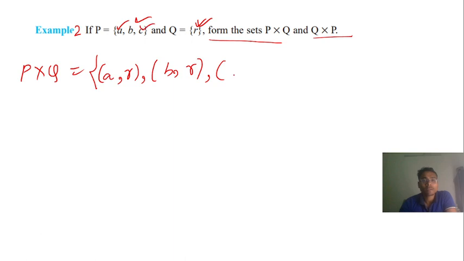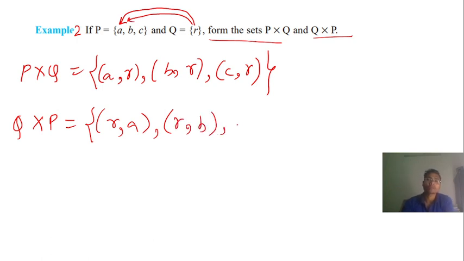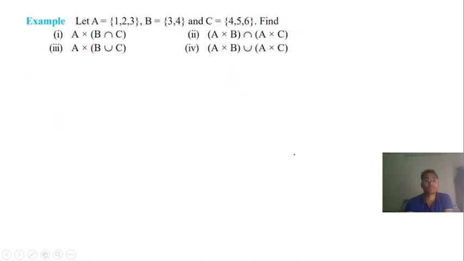Then the first element from P, that is c, and the second element from Q, that is r. So that's how we find the P cross Q set. Now we have to find the Q cross P Cartesian product. For Q cross P, we write first r and then a, then first r and then from set P, that is b, and first r and then another from set P, which is c. That's how we did our second example.